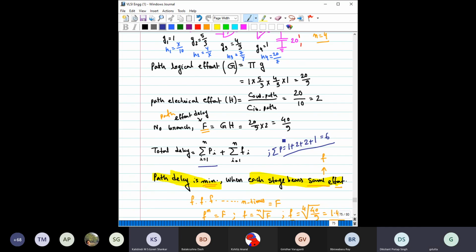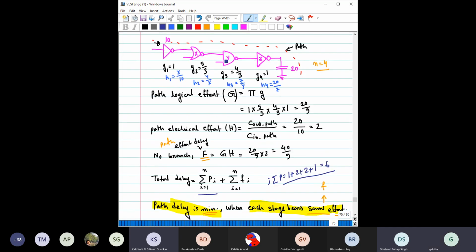Right. So for this example, we do not have any branching, so we have written this one explicitly here. Here it is no branch, right? So for no branching, this F is GH.